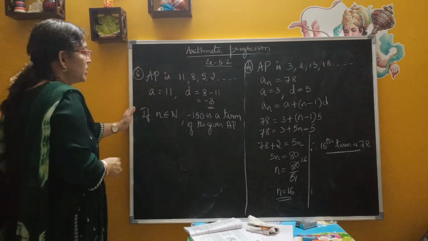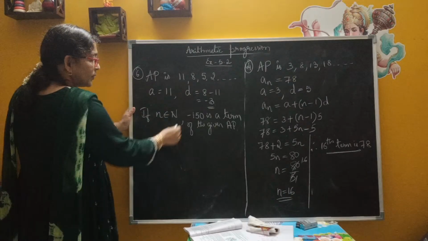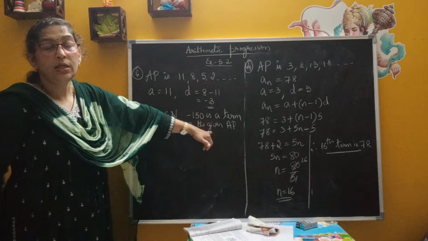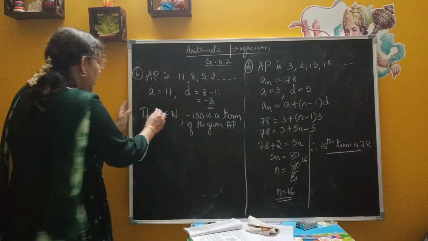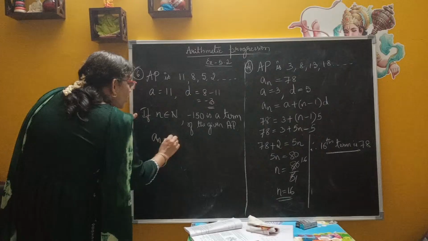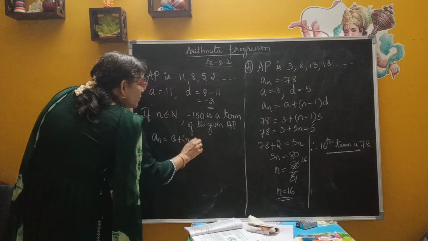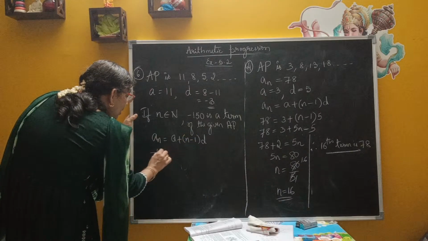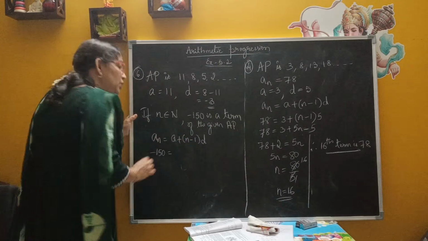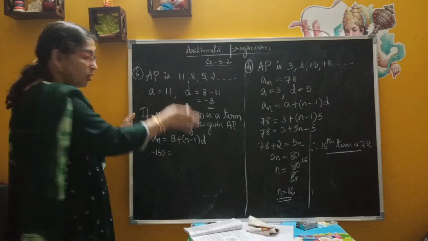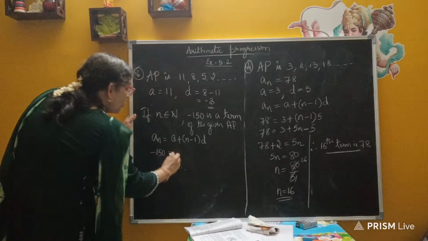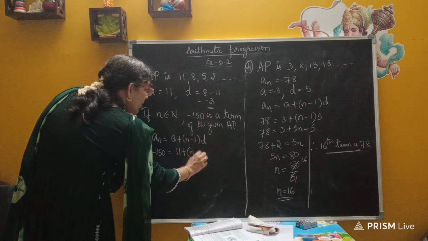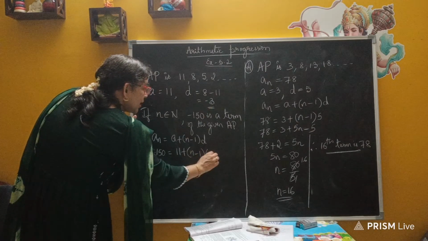So let us find the value of n. Now let us assume minus 150 is the value of an. We have the formula an is equal to a plus n minus 1 into d. Substitute here, taking an as minus 150. So a is equal to 11, plus n minus 1, and the d value is minus 3.